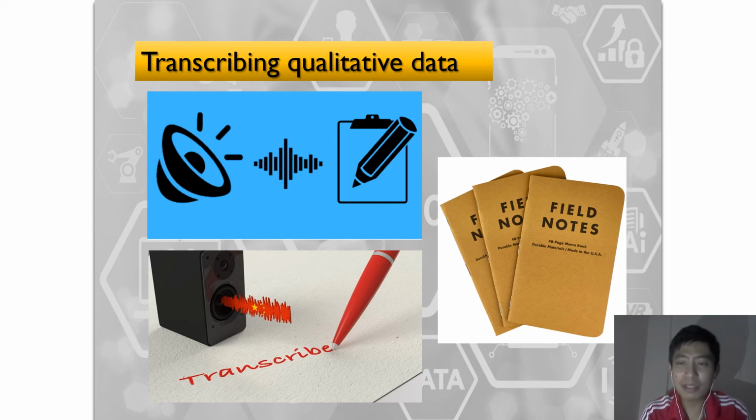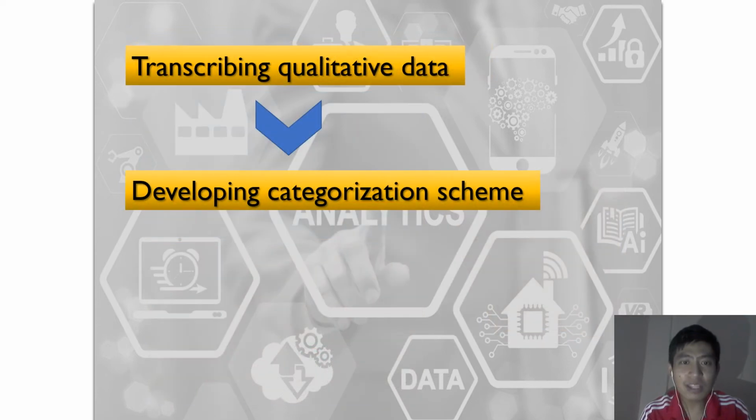After transcribing the qualitative data, we develop categorization schemes. After that narration, you will read, and read a lot, for you to categorize it per sub-themes. So if it's lived experiences of cancer patients, is it a feeling?